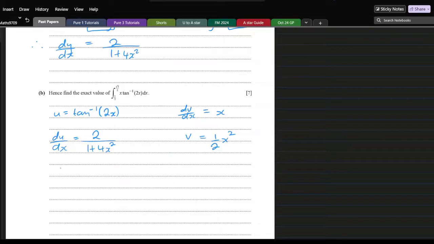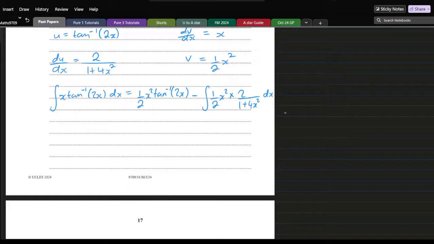Okay, and so it means that the integral of x arctan 2x with respect to x, I'll ignore the limits for now, is equal to uv, so that's half x squared arctan of 2x, minus the integral of v du, so half x squared multiplied by 2 over 1 plus 4x squared, and this is all with respect to x, right?